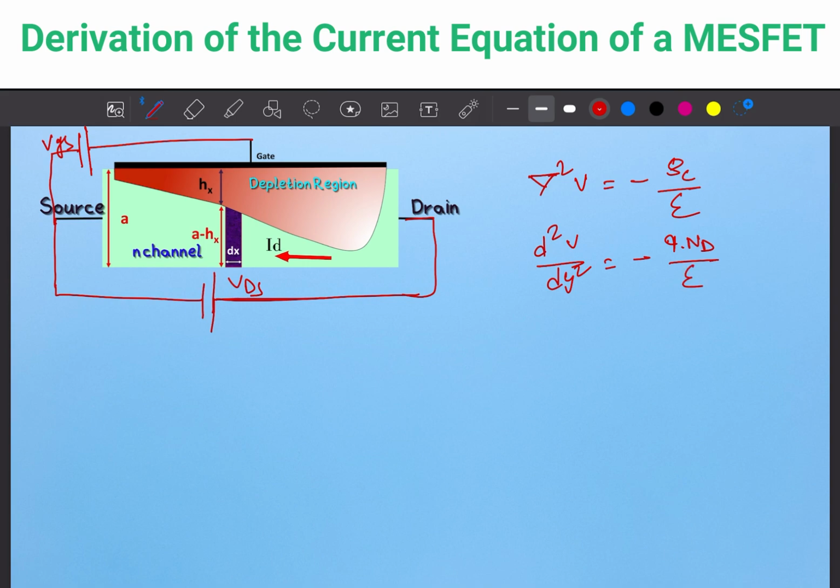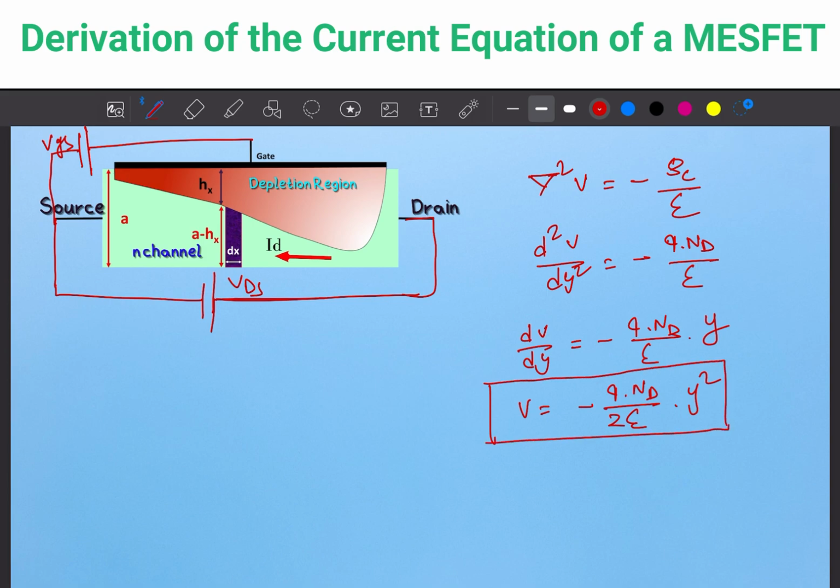If we do the integration, then we will get dV by dy is equal to q Nd by epsilon into y. Then V is equal to minus q Nd by 2 epsilon into y square, where this is the voltage across the depletion region, and y is the depletion region width.